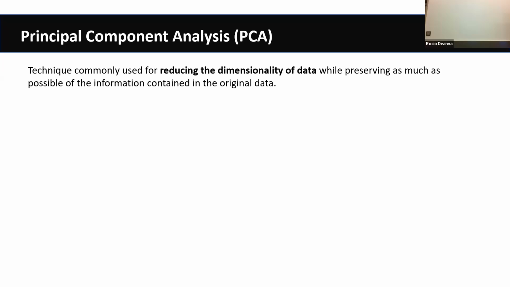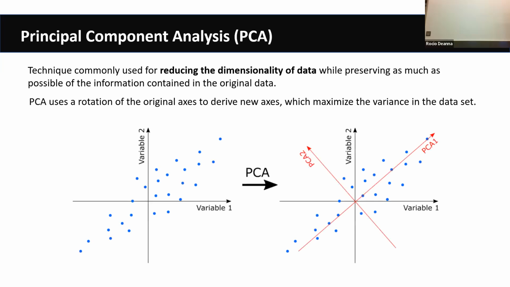So some basic ordination techniques include the principal component analysis, PCA. And as I said, these techniques are to reduce the dimensionality of the data, but also preserve as much as possible of the information contained in the original data.